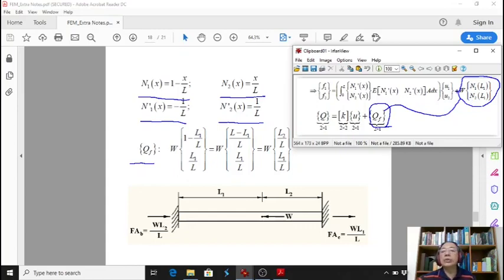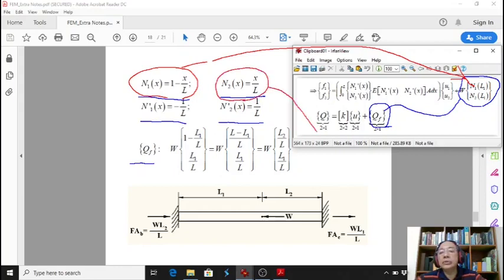So we need to substitute this. Okay, we need to substitute to this. So this is N1, and the N2 here, we need to substitute to this. Okay, so finally we get W times N1 of L1, which becomes 1 minus X, at L1.